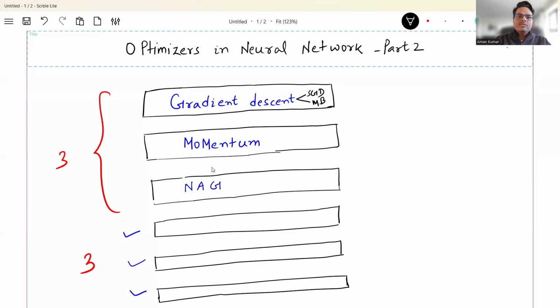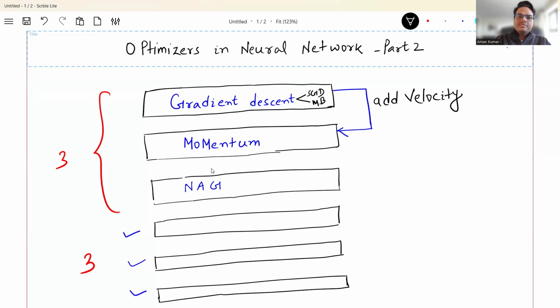It is basically plain vanilla updating of the weight using the gradient and the learning rate. Momentum differs from gradient descent in that you just add a velocity term. I will keep it like a story so that you can remember. If you just add a velocity term here, that becomes your momentum. We have discussed this in detail in the last video.